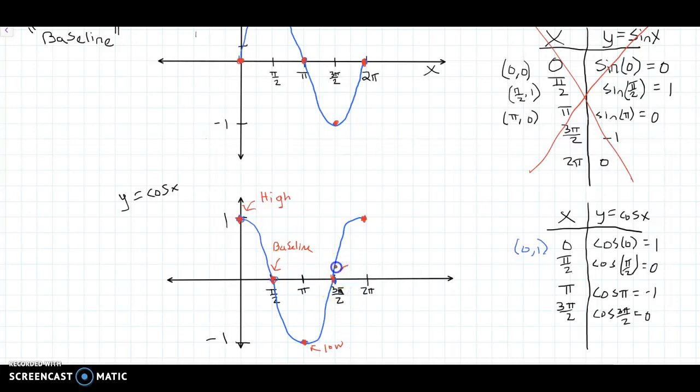Then you've got another baseline, and then you have high here. So if you know what cosine looks like, you just plot these 5 points, high, baseline, low, baseline, high, knowing how to also create the x-axis, and you're good to go. So that is the most basic way to graph sine and cosine.